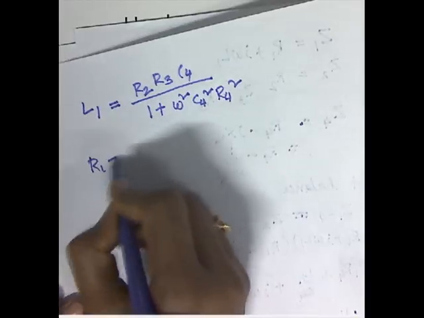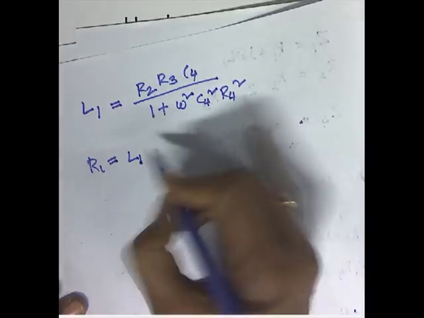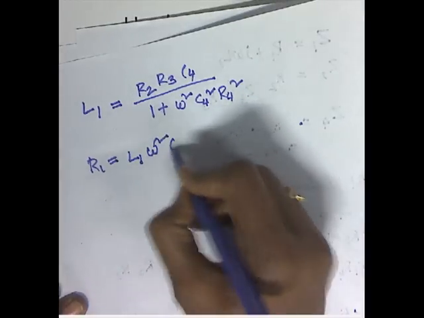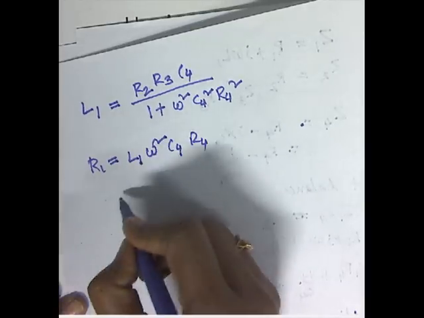Now R1 is equal to L1 omega square C4 R4. Now put the value of L1 here.